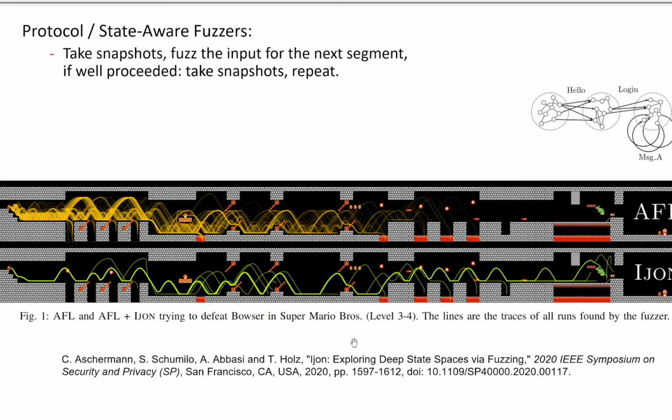What they did is they introduced snapshots, let's say every 5 seconds, and then Mario tried to jump over the gaps and on the Goombas and so on. When it failed, it was not successful. If it succeeded, then it was an interesting input, and it was mutated. And if Mario succeeded to live for 5 more seconds, then a new snapshot was created.